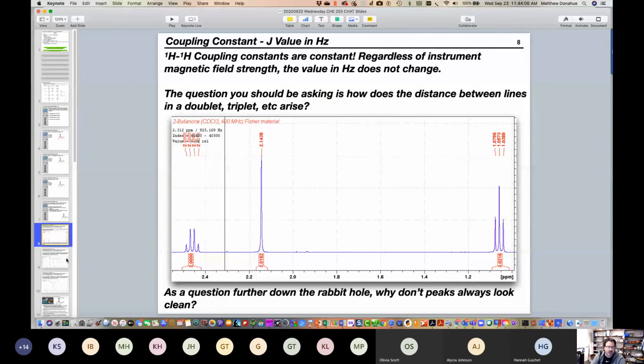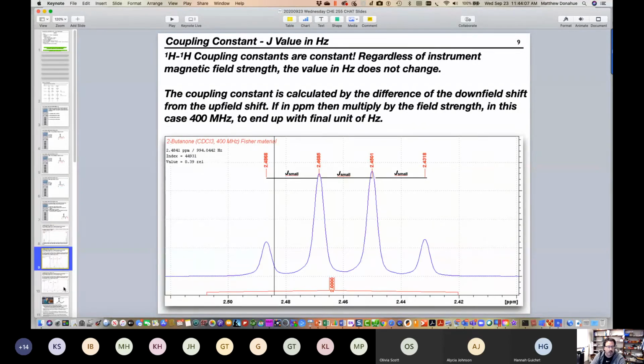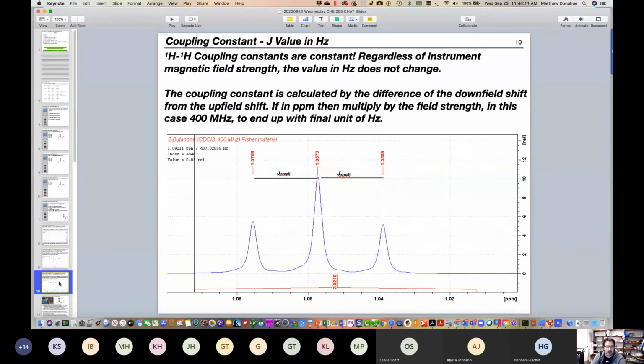So let's look at each of those, the quartet and then the triplet, to prove our point. The distance, as I was saying, what I'm calling J, is called the coupling constant.